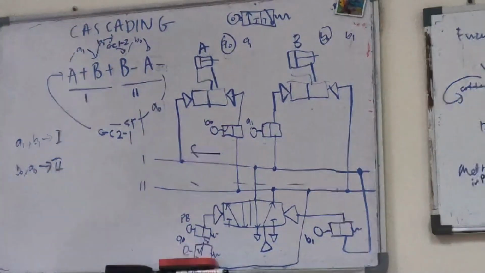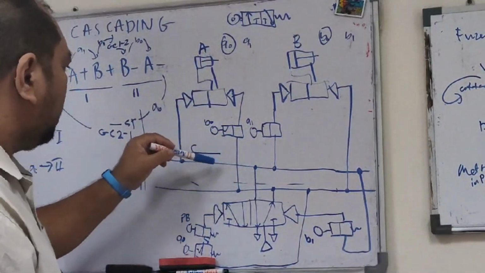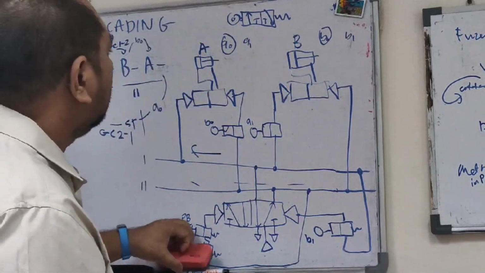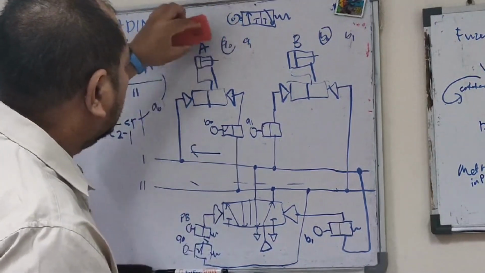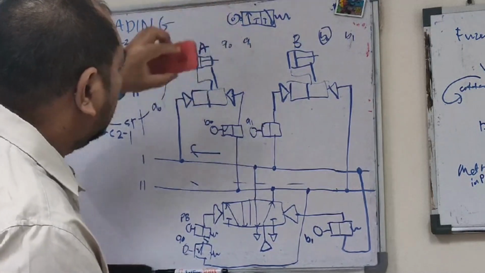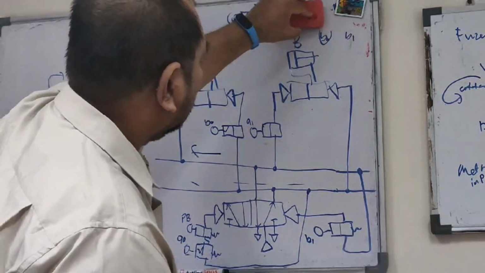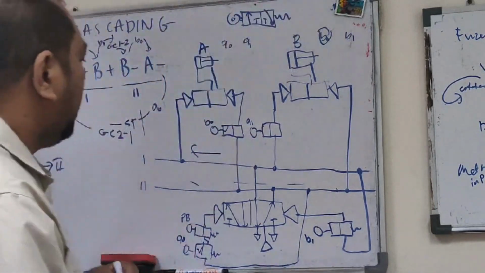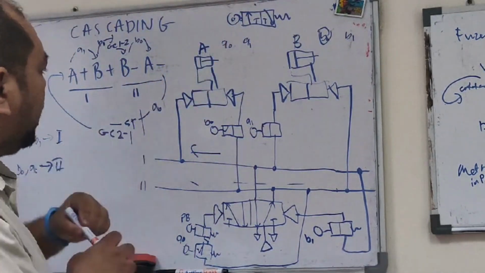When it powers group 1, straight away A will extend. B0 is still here. A will extend.